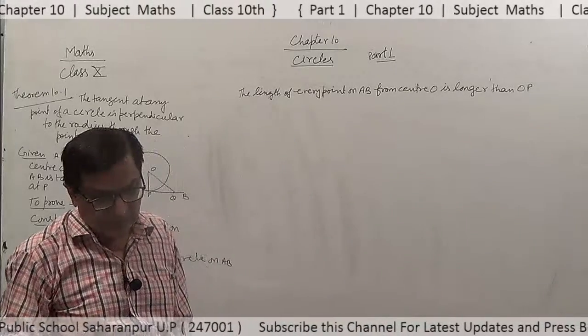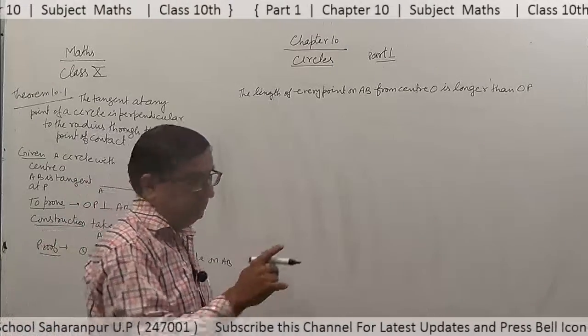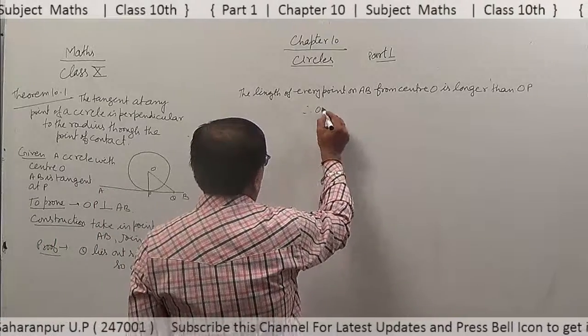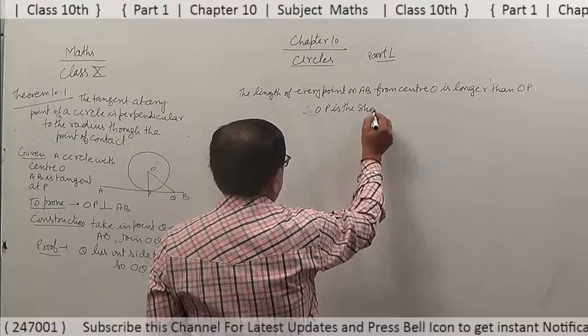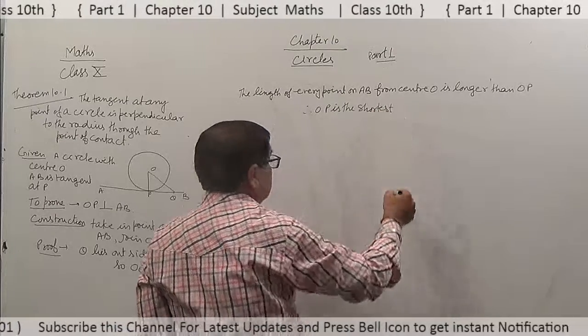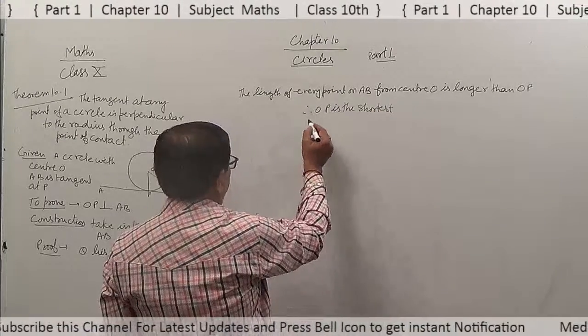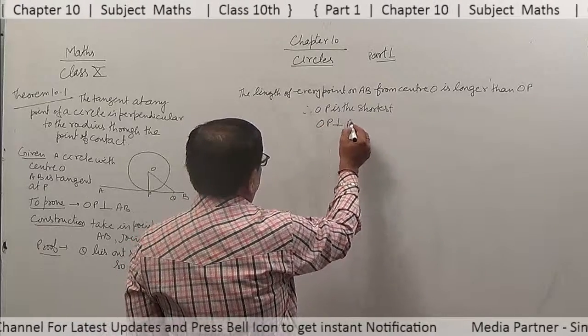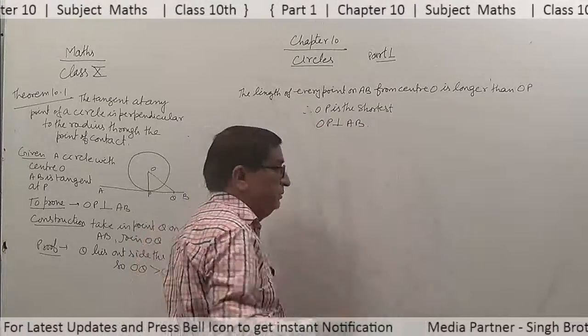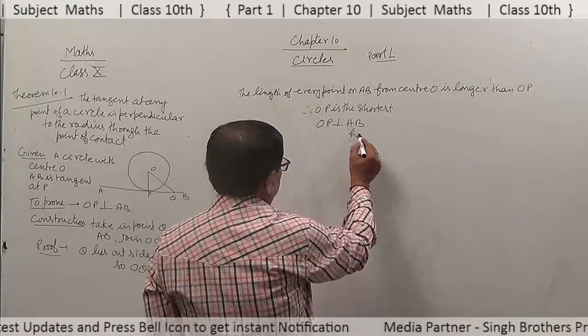So, OP is the shortest. Therefore, OP is perpendicular to AB. Hence proved.